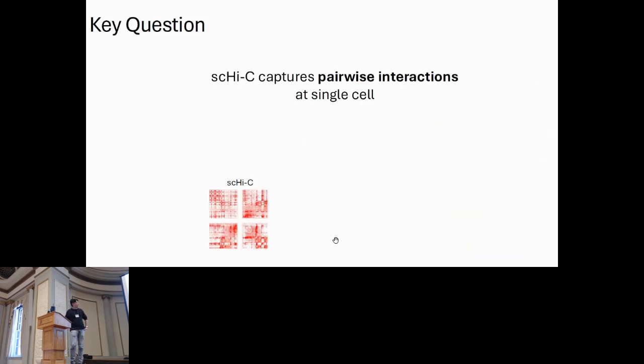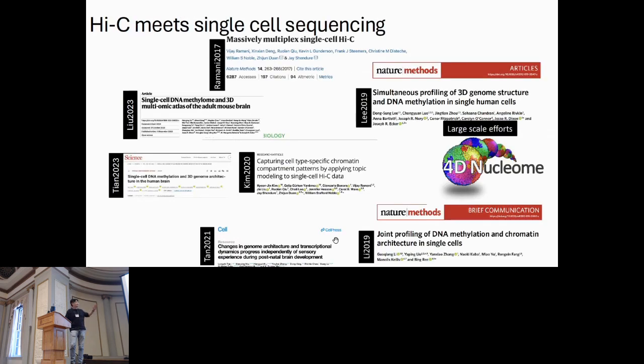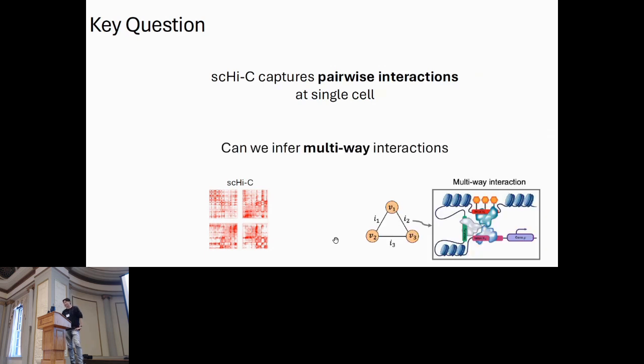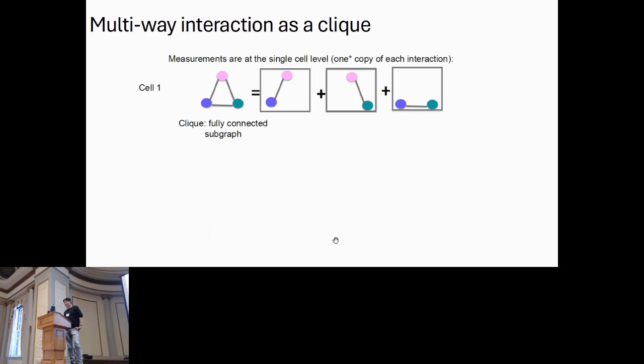But the thing is, single-cell Hi-C and Hi-C are all pairwise. They're not giving us information about multi-way interaction among multiple genomic regions. So given this fact, our key question was, can we infer multi-way interactions based on this pairwise single-cell Hi-C data? That's what we do for this project.